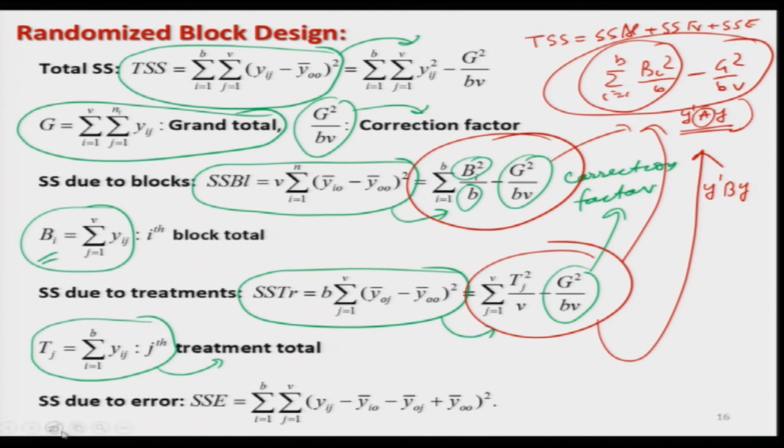And then the sum of squares due to error is obtained by this expression, so there is no confusion.